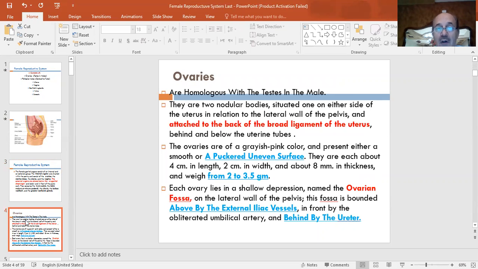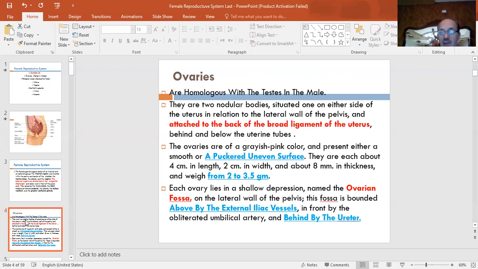All right, the ovaries are very much analogous to the testicles in the male, and grossly, they look like an almond piece with a puckered surface. These puckered surfaces resemble the holes present in the surface of the ovary, through which the mature ovarian follicle ruptures, because that's how ovulation occurs.